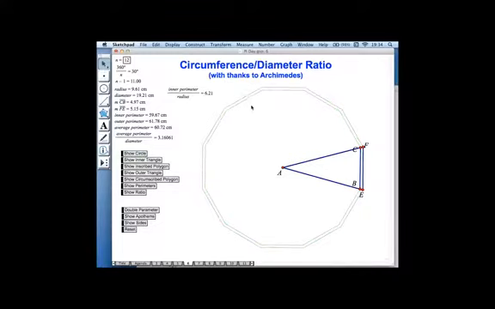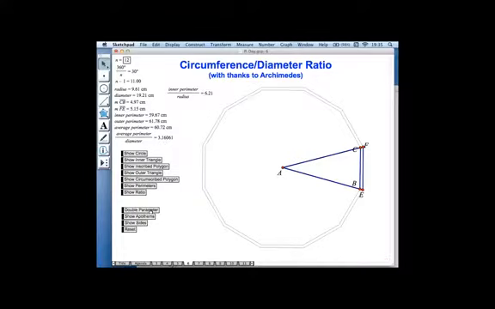And what Archimedes then did was he said, well, if I can do that for the hexagon, if I split that triangle in two and use this point as a new vertex, then I'll have a 12-gon. So I'll put a 12-gon inside my circle using half of that triangle. And I'm going to hide the circle right now so that you can better see the 12-gon.